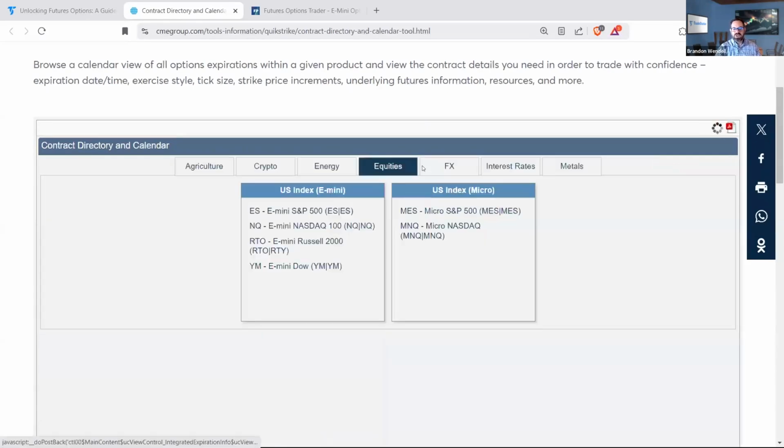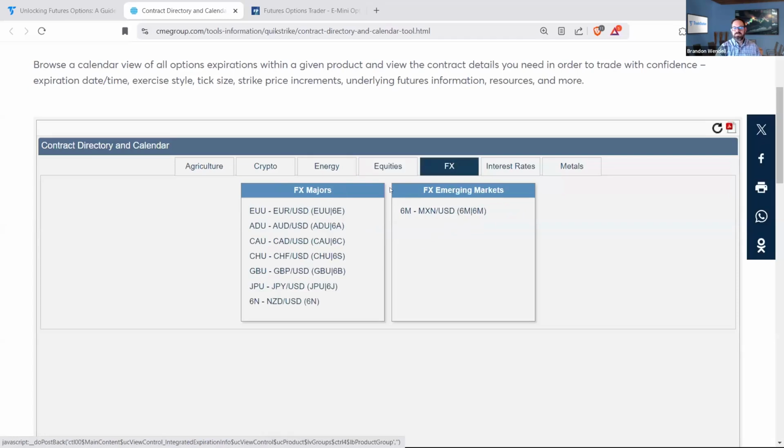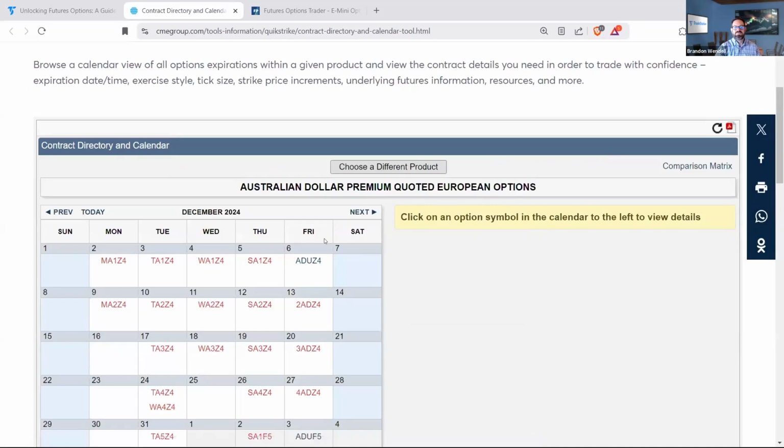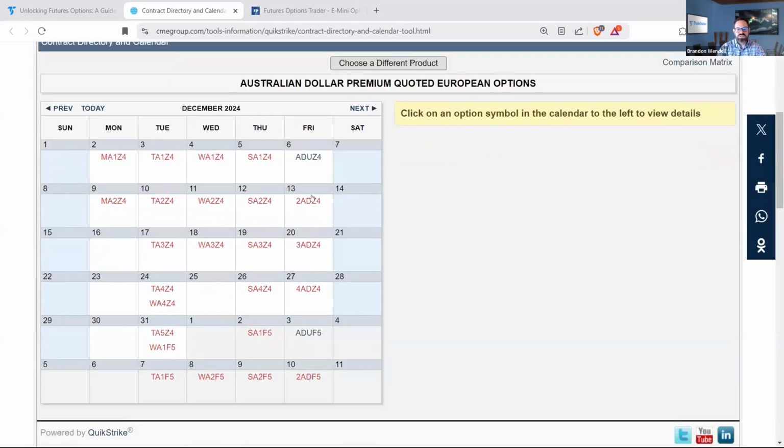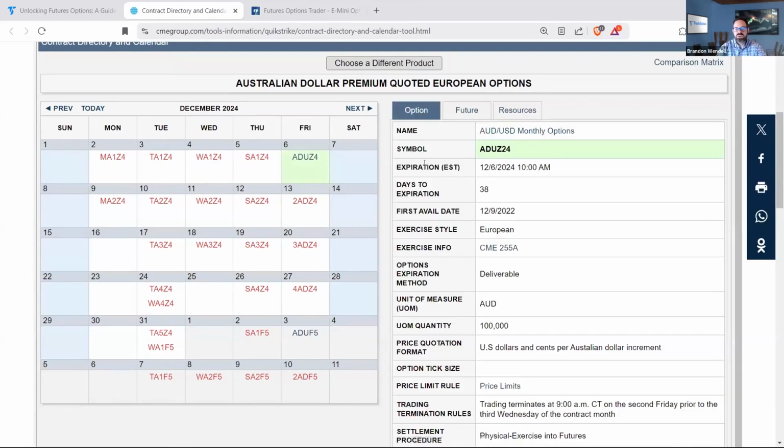Now, again, if I go to a different contract, you go to Forex. And if I want to trade the Aussie dollar, here we go. And now I'm looking at the December contract. And I can look to see, okay, well, we have ADU, sorry, that's the monthly option. That actually expires on December 6th.